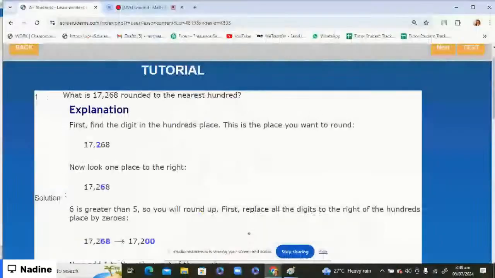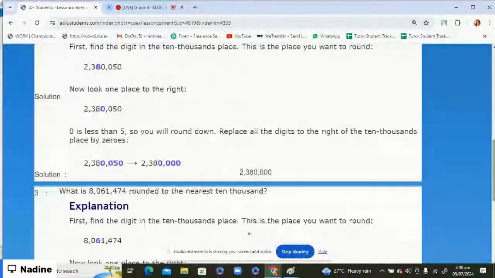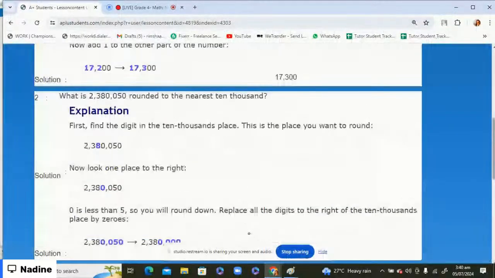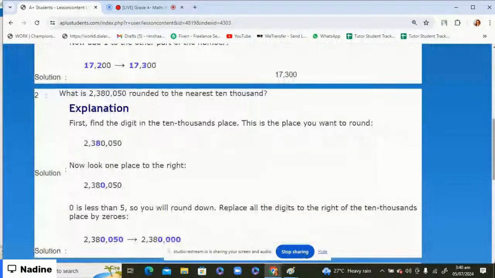So let's do one more. 2,380,050. Round to the nearest 10,000s. Where is the 10,000 place? Ones, tens, hundreds, thousands, and 10,000. So that is 8.